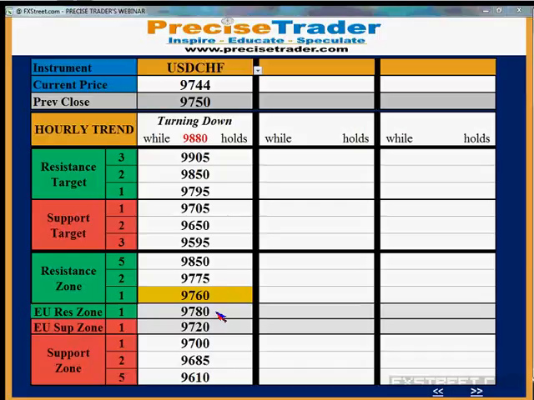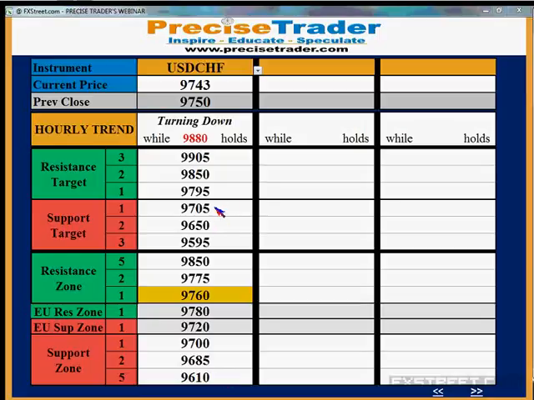My price targets would be 97.05, 96.50, and 96.10. That is the U-turn zone. These are the levels where I want to book my profit.